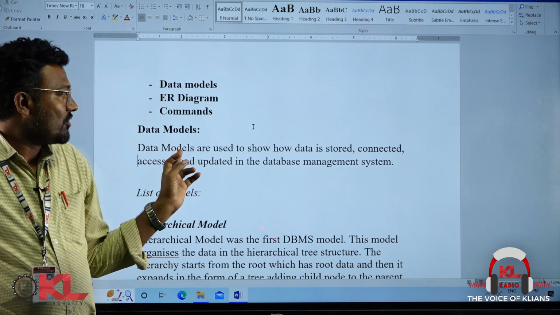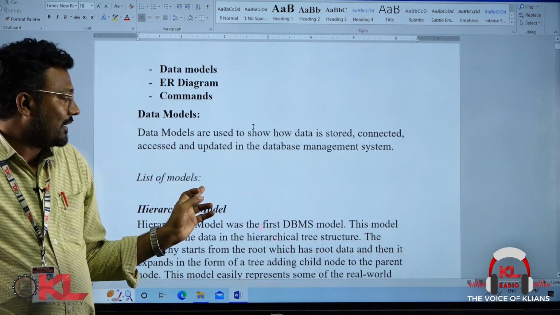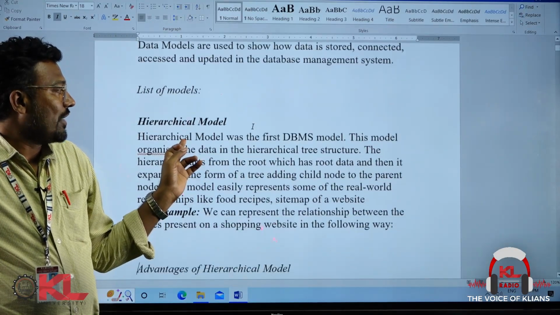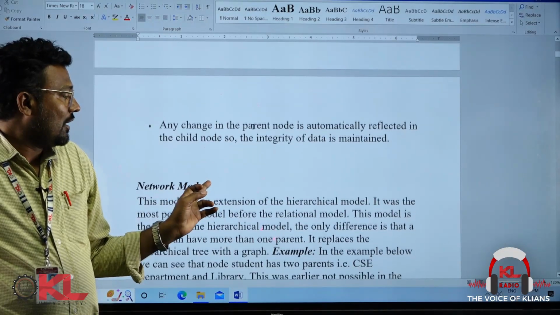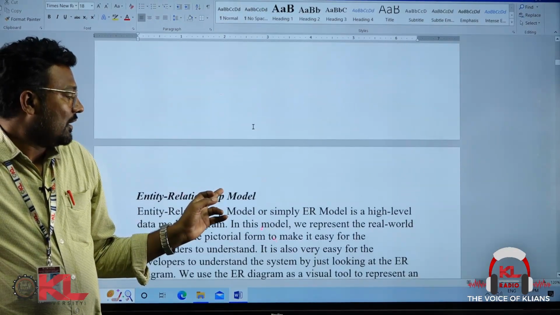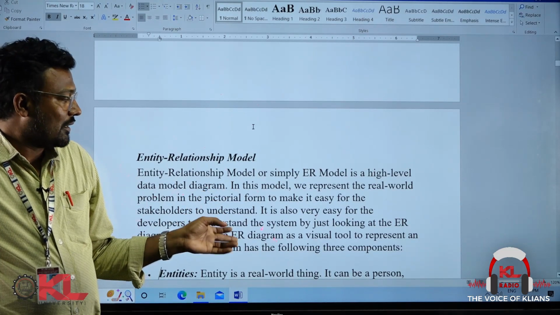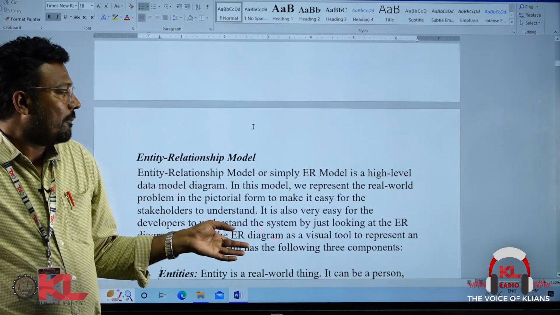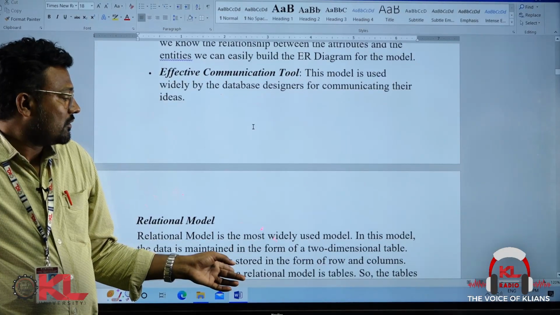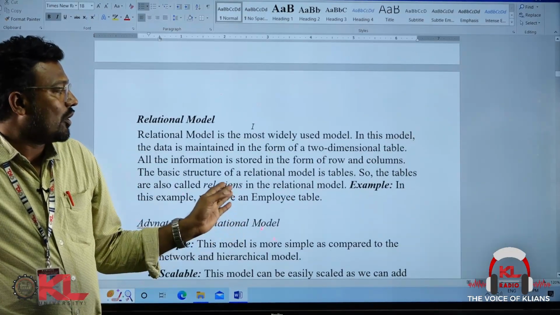In the data models, we saw the purpose of it, as well as the types of models. First, the hierarchical model, which we already saw, and the network data model, which we also saw, and the entity relationship model, which we are seeing now, and the relational data model. So, we are discussing this topic now.